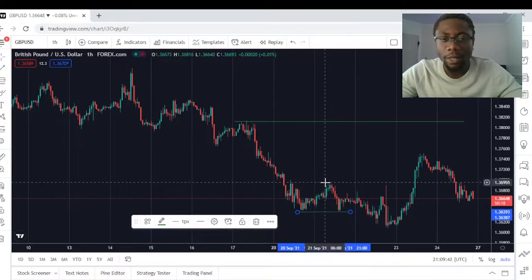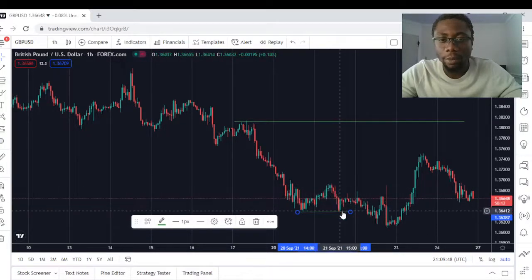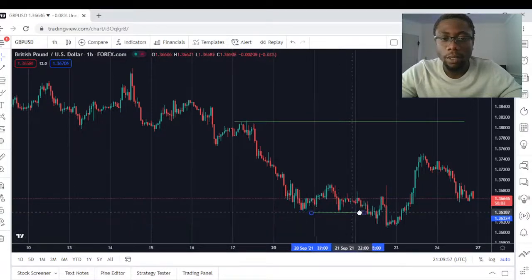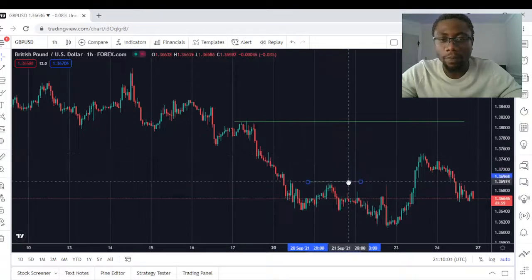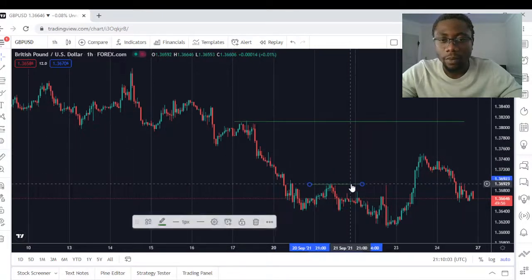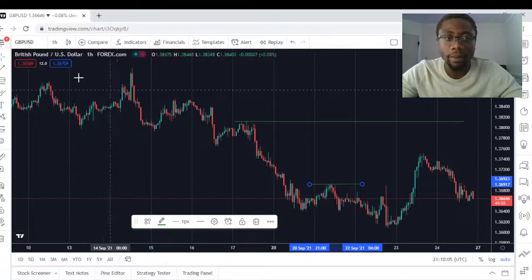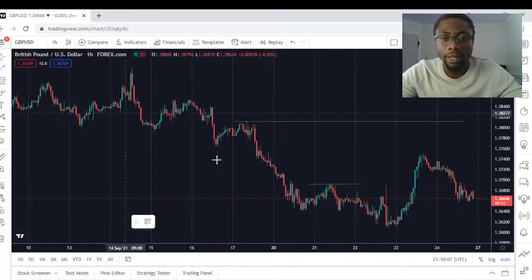And then came up here, reacted on this smaller intraday level before coming back to this level and breaking through it entirely. So since this level was broken at this point, it came up here, creating the newest swing high. We'll leave that one there.